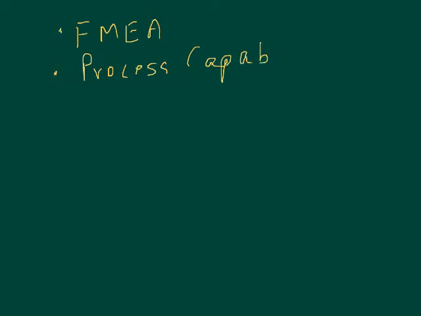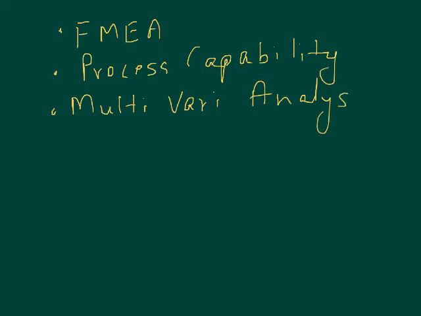Next, under that you can do FMEAs, you can do process capability, multi-variation analysis, and you can also do ANOVA if you have different suppliers you want to compare or check who's better.